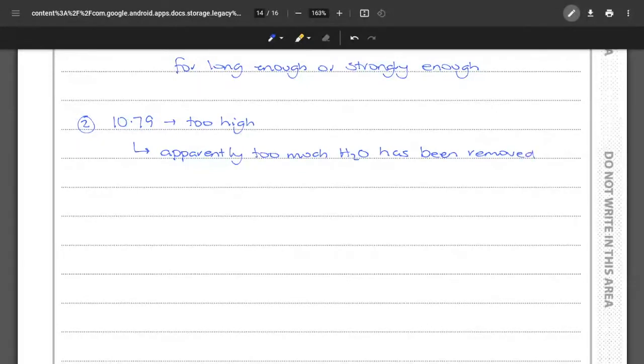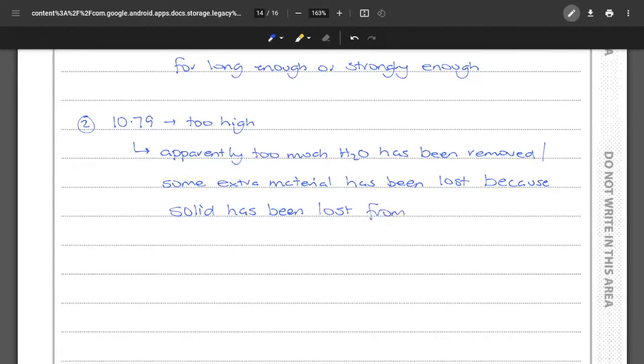Now, that's just looking at the number, or potentially some extra material has been lost. Two possible ways of looking at it. The reason why is because it looks like we've either lost too much water or we've lost some extra material, because some solid has been lost from the crucible.